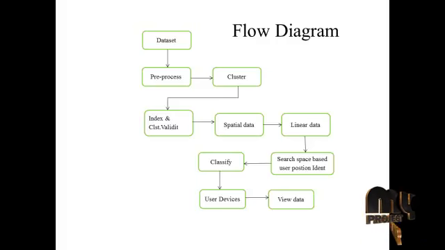In this paper we are using geo images as the geo mapping data. Next, the clustered data will be classified, and the classified data will be delivered to the user's devices, maybe a mobile, laptop, PC, etc. Finally, these are the processes by which users identify the particular data.